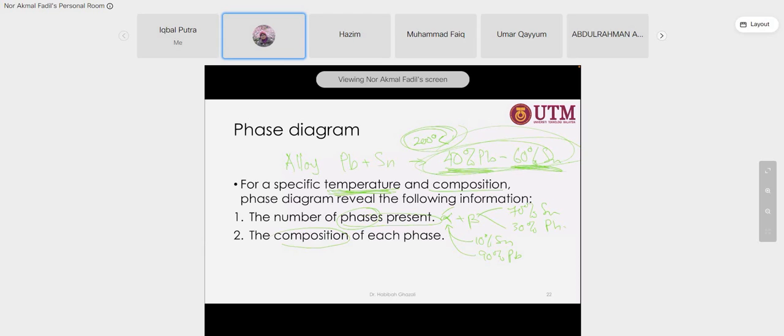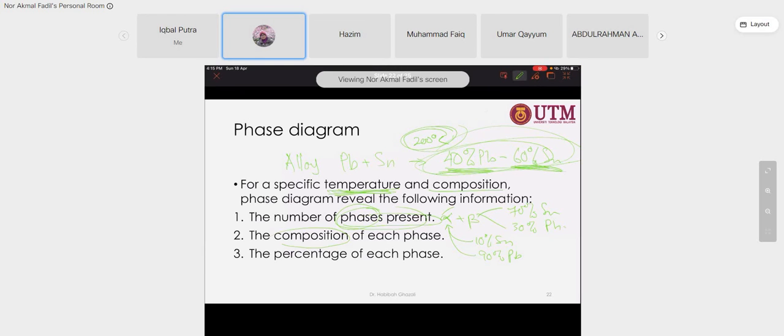Of course you don't have to know what purpose, but basically we can get it through a phase diagram. The percentage of each phase. So meaning that, let's say in this condition, you have alpha and beta.